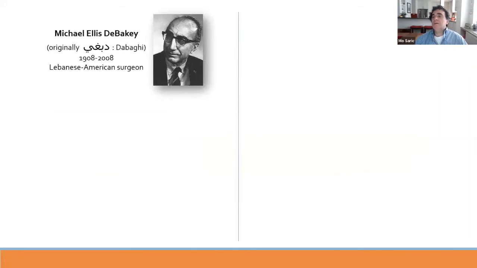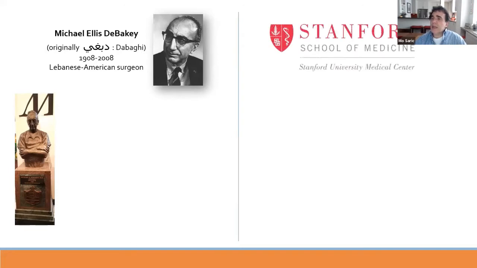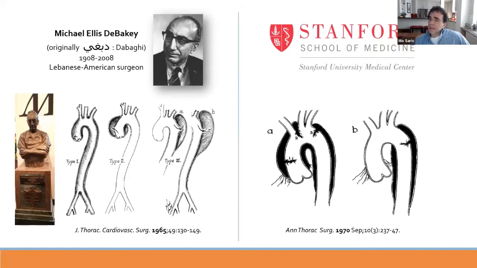And now let's talk about true dissection. Classification of dissections differs based on whether we use the Bakey classification, proposed by Bakey, a Lebanese American surgeon, in the 1960s, his original classification in 1965, or the Stanford classification from Stanford University in California, done in the 1970s.